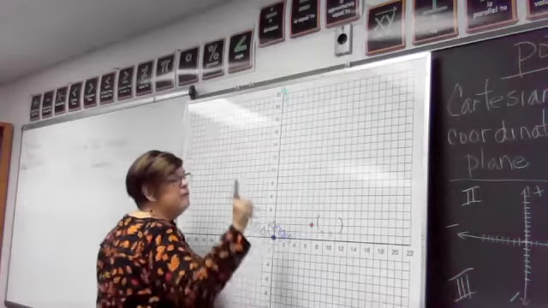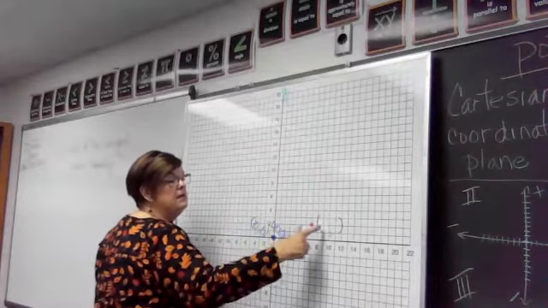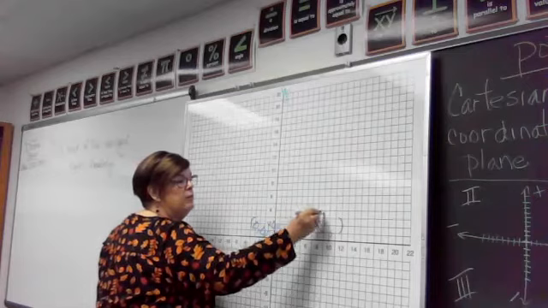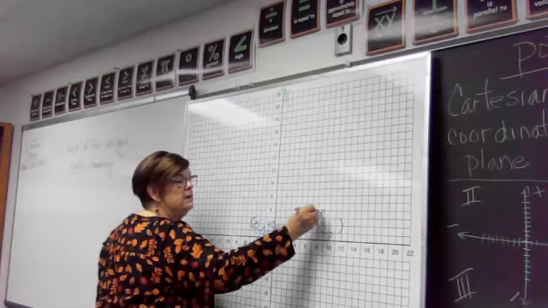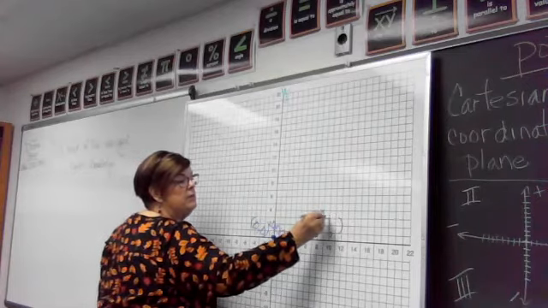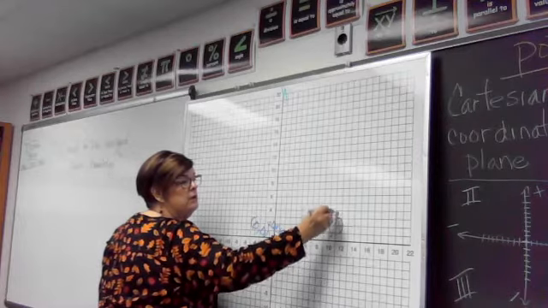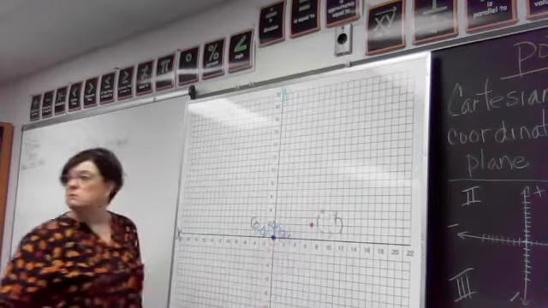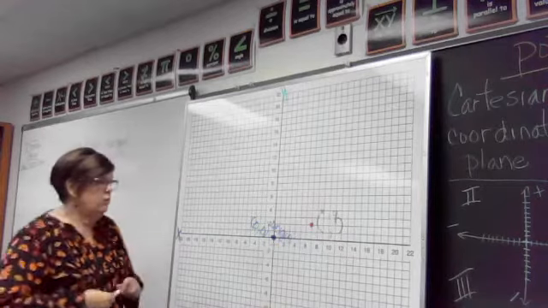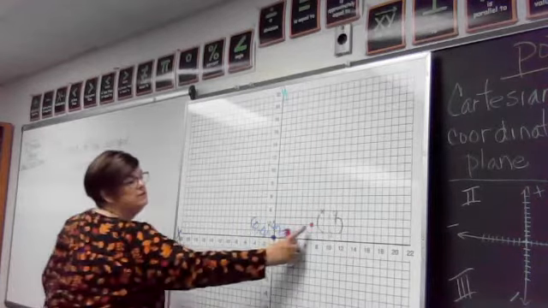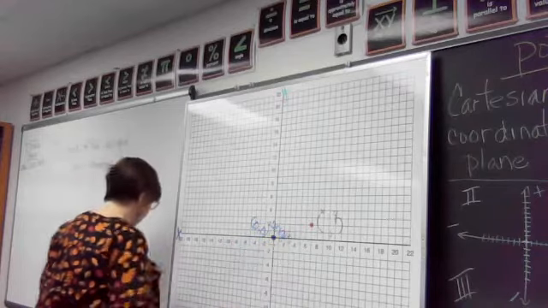And every single time, the number that is in front will be how far you went on the x-axis, and the number that's in the back will be how far you went on the y-axis.